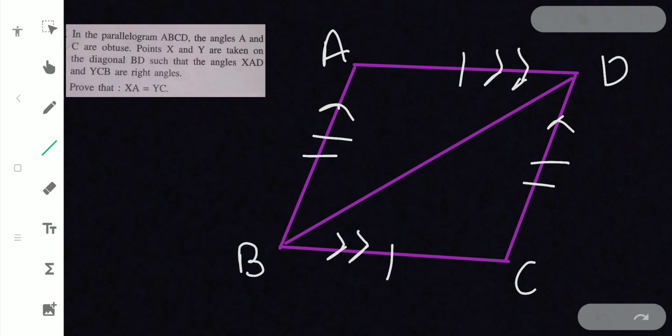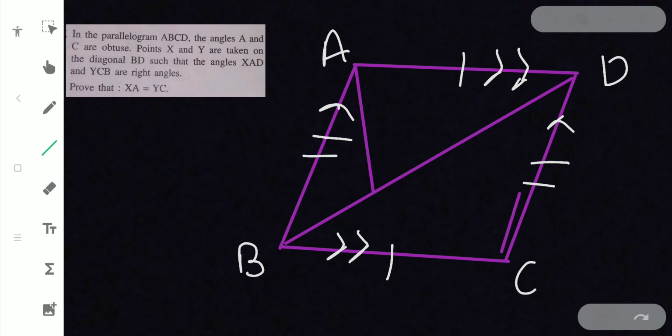So a diagonal is drawn like this, and from A points are drawn, that is X and Y. So I can take any point like this.